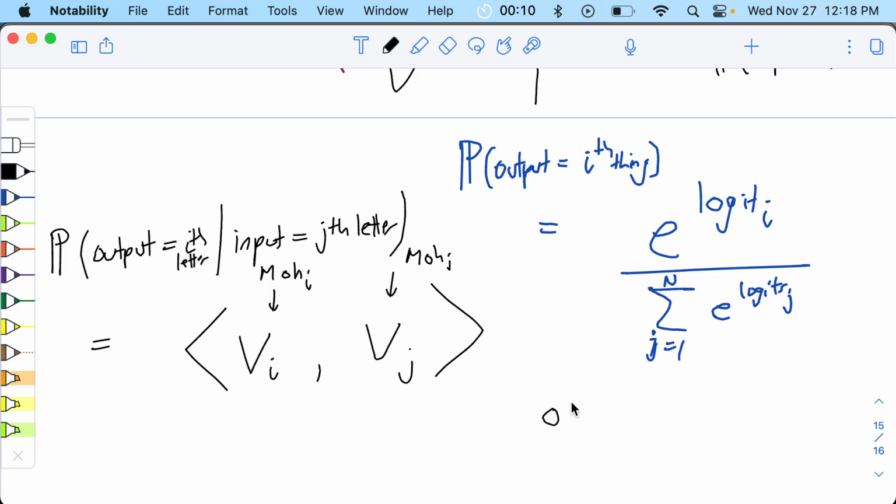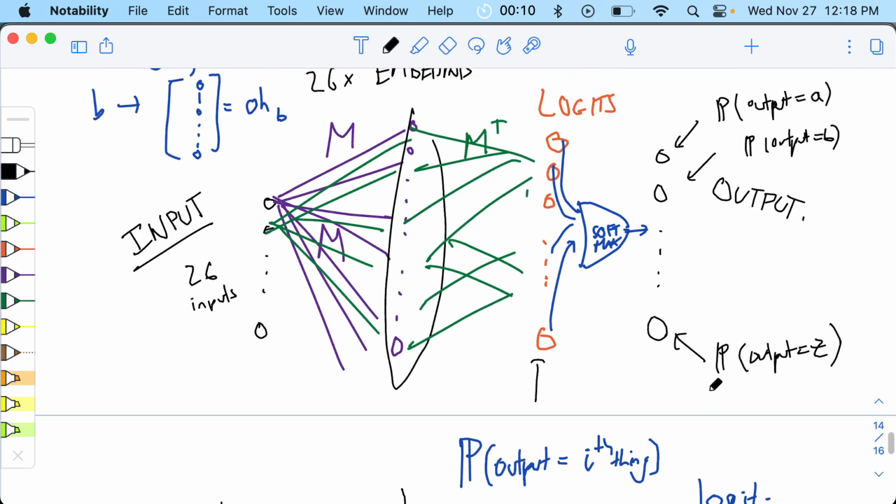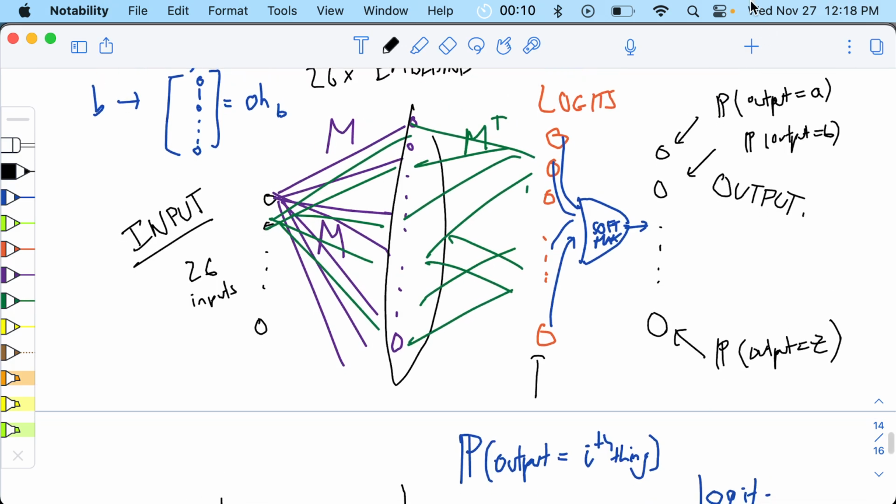It's exactly 1 hot of I times M times M transpose times 1 hot of J, if you do it correctly with the right transposes. The 1 hot is over here, 1 hot of J. But in any case, it's the inner product. So what's going on in the network is the logit will be precisely just the inner product of the things.